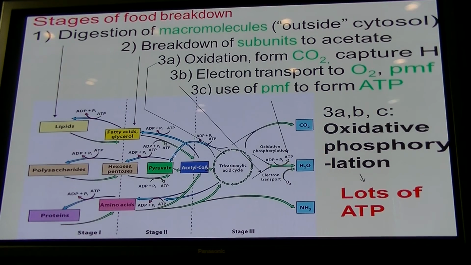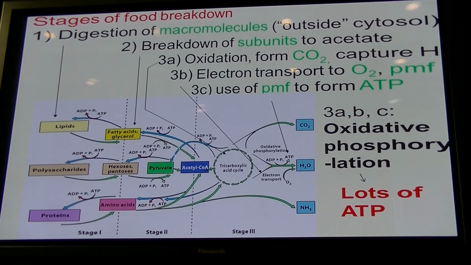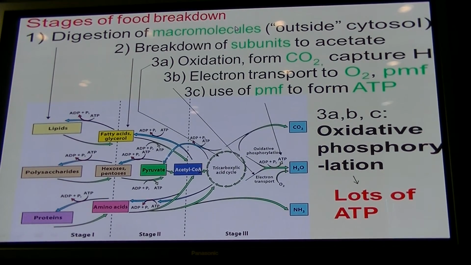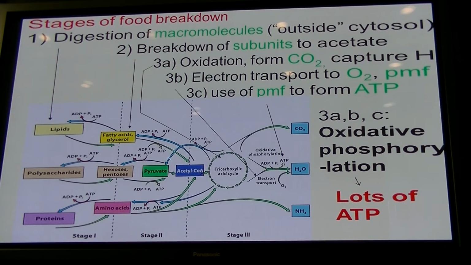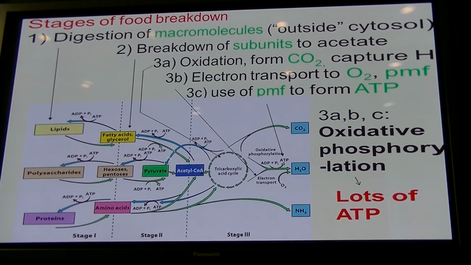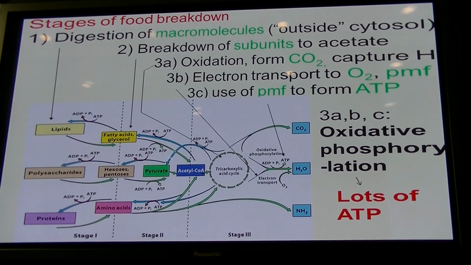All right. Now, let's look at what we actually do in order to do something. So, you've had your lunch, and what's mainly in your lunch is macromolecules, starch, and proteins, and fats. And you break down those macromolecules to their individual subunits. These are downhill reactions, catalyzed by enzymes.